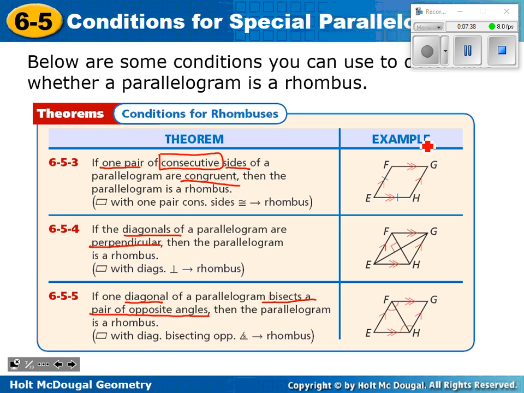That's enough to say it's a rhombus without drawing in the other diagonal and showing that the other pair are also bisected. So the last way to prove it's a rhombus is if one pair of opposite angles are bisected.